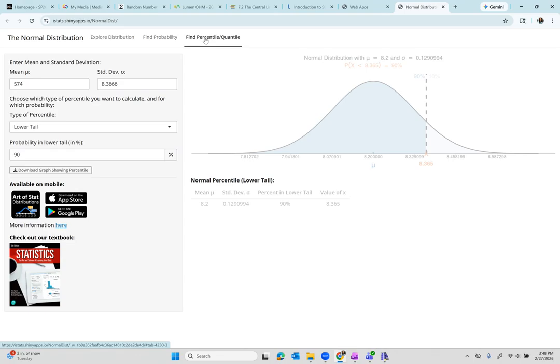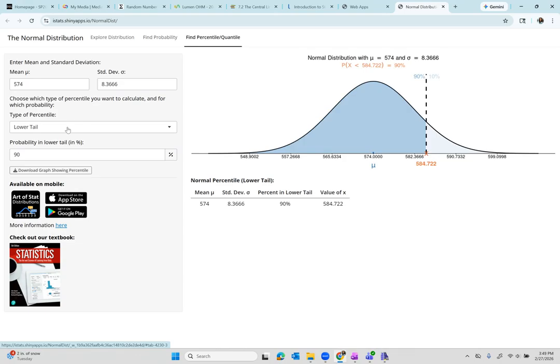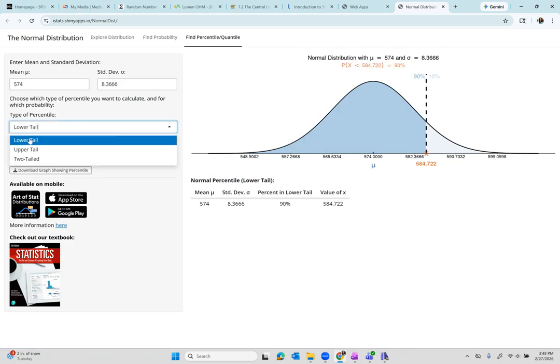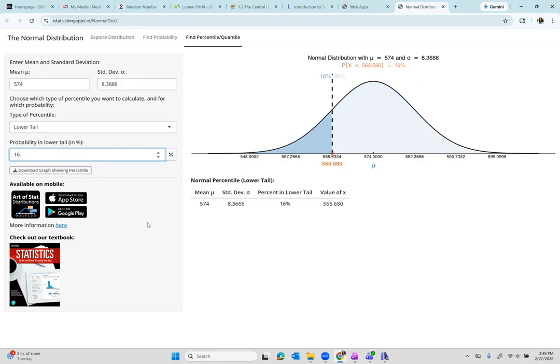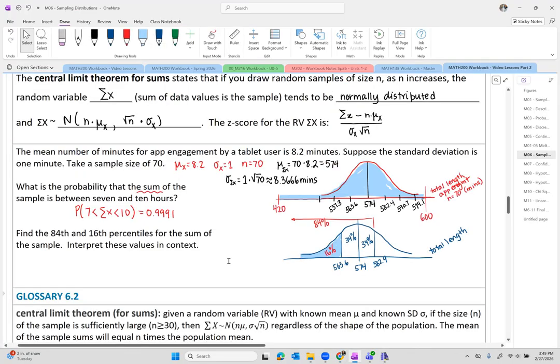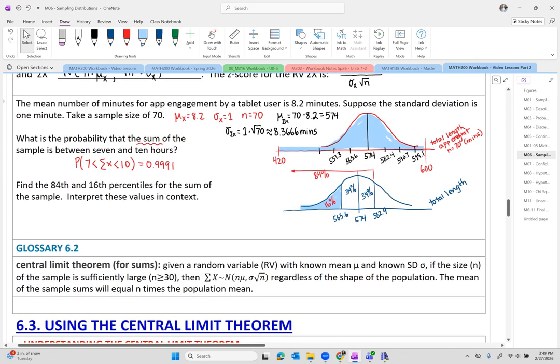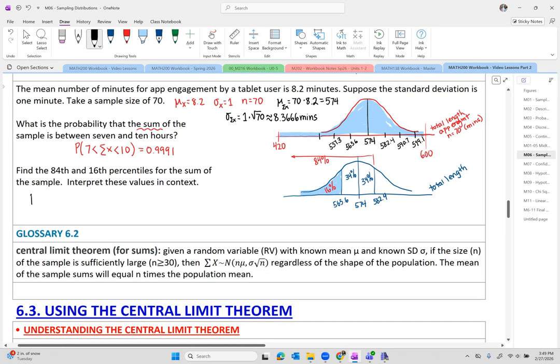So I'm going to go under find percentile quantile. I'm going to look for the lower tail. I need the 16th percentile. And the 16th percentile comes out to be 565.68. Mathematically, the probability that the sum of the x values will be less than 565.68 is 0.16.